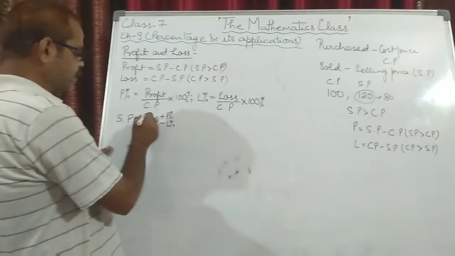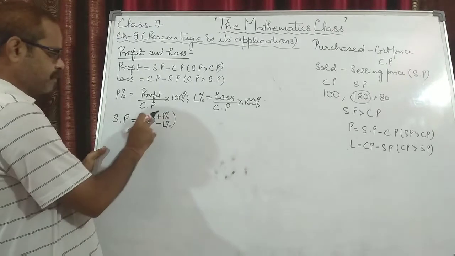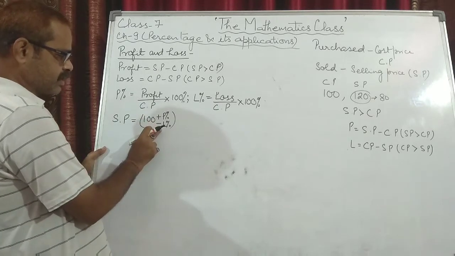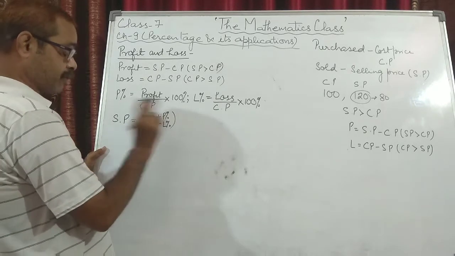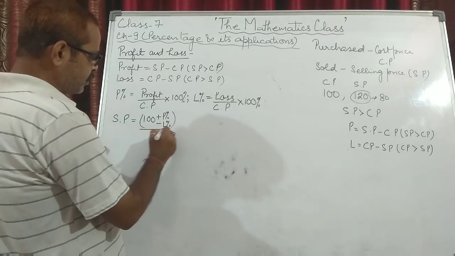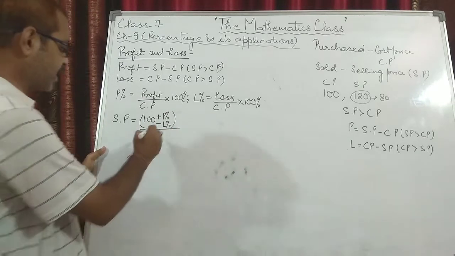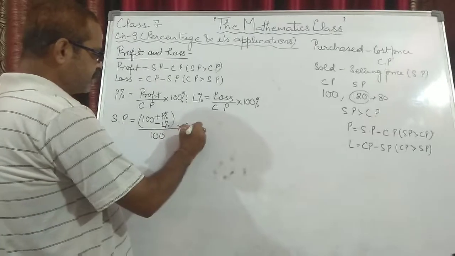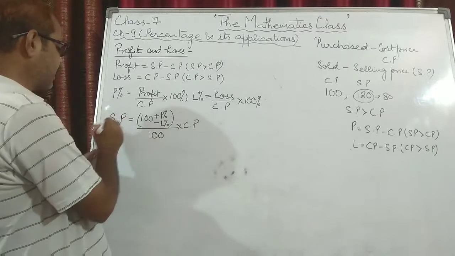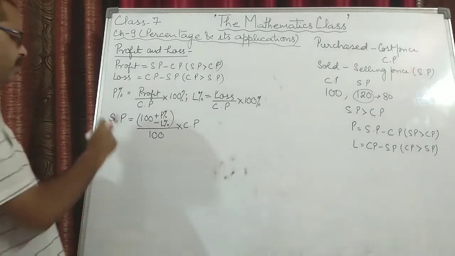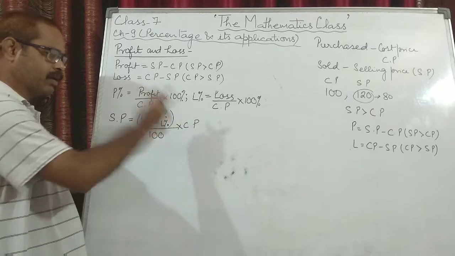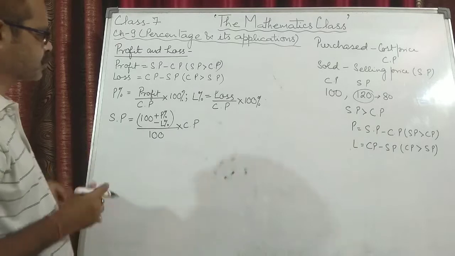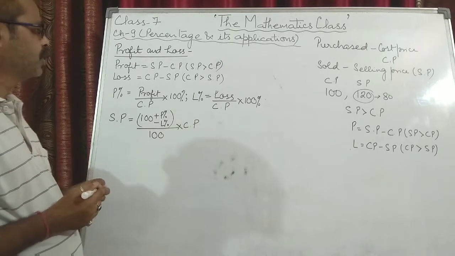I am writing both in the same formula. This is very important to find the selling price or the cost price. These are the 5 formulas in this whole chapter that we are going to utilize.